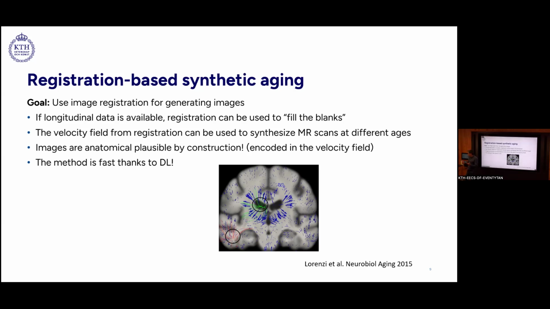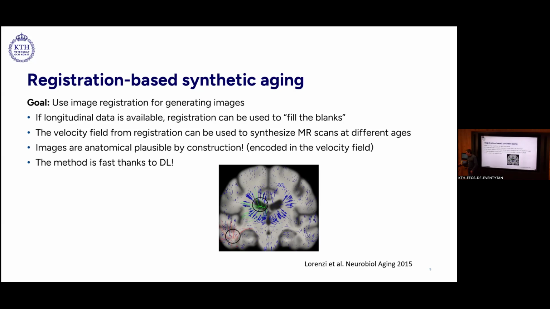We can interpolate between the two images to fill the blanks. This is very useful for clinicians because they can have one image of the subject, and for some reason the person couldn't come to the follow-up scan, so there is a lot of missing data in the database. You can just fill the blanks with this method.